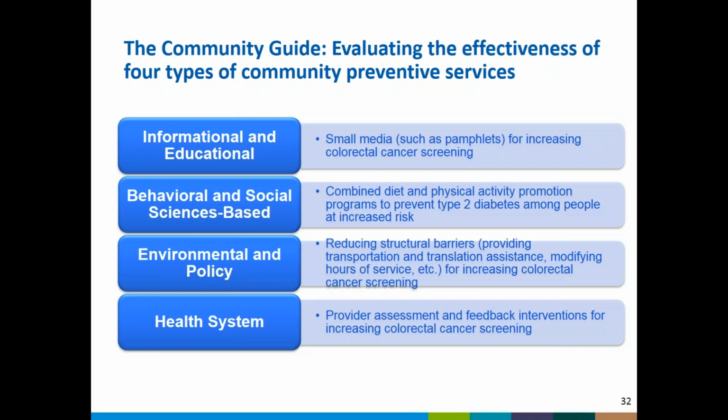And of those, only approximately 3% of the strategies that were implemented, between 3 and 4%, actually were community-wide evidence-based strategies. So there's a lot of opportunity to identify to hospitals and others the evidence-based strategies that exist and that are options for people.